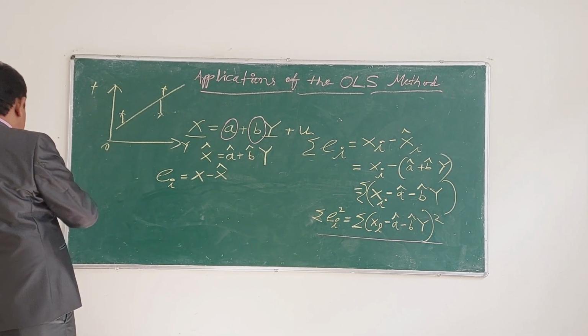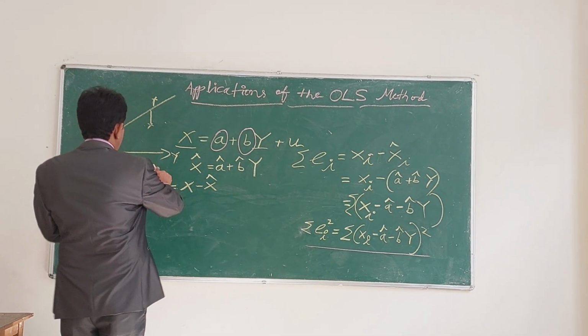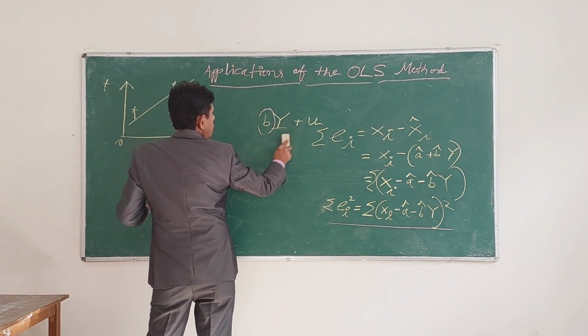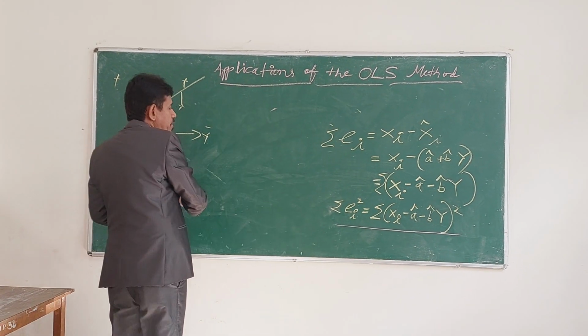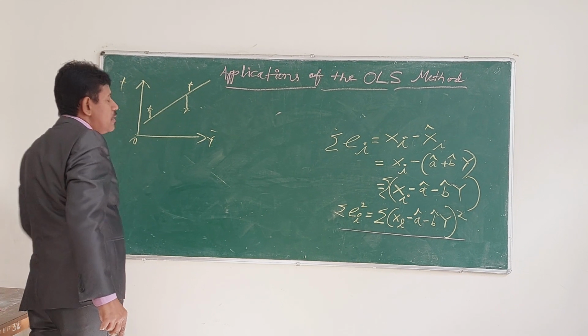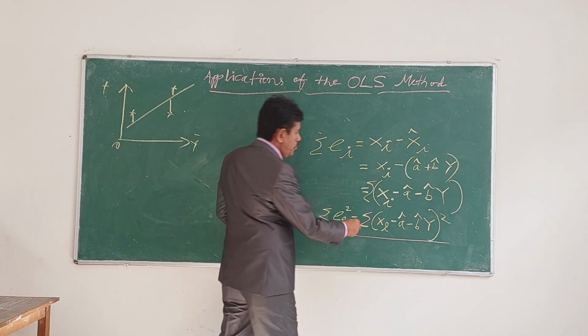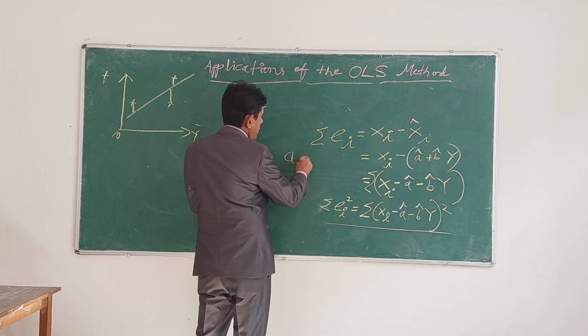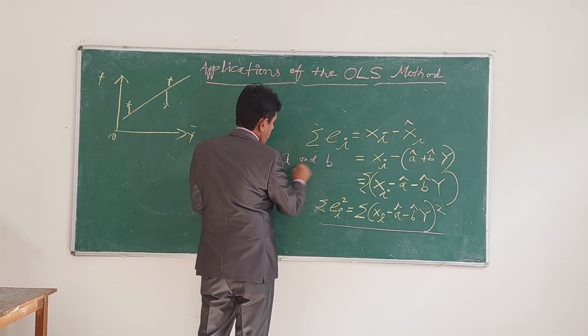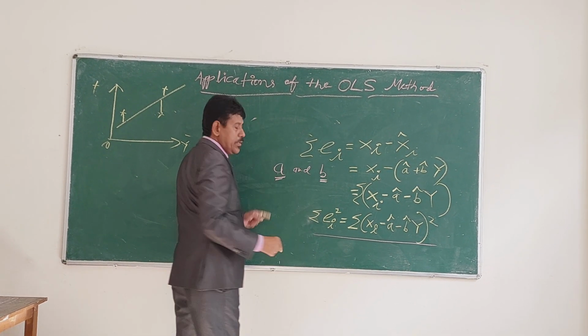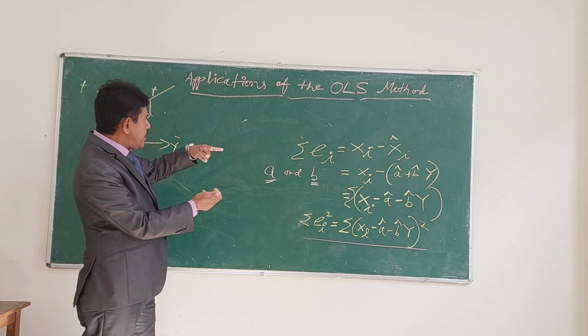What are the coefficients with respect to which the function is to be minimized? The coefficients should be a and b. What is a? The intercept.